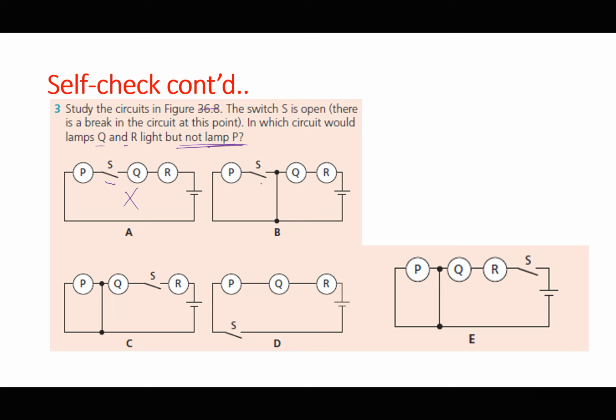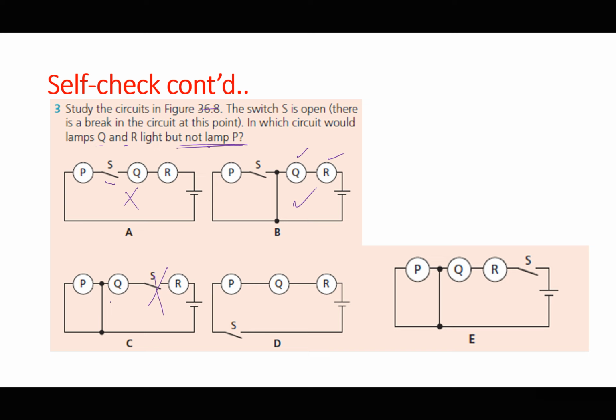This one here, we want Q and R to light when S is open. So this one is correct because when S is open, there's a complete circuit on the side of Q and R, so this one will light. P will not light. Then C, remember we want Q and R to light. So this will not light because first of all, there's an open circuit connection with the battery.